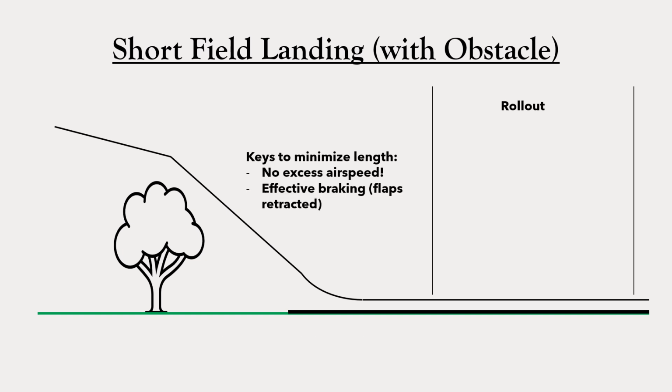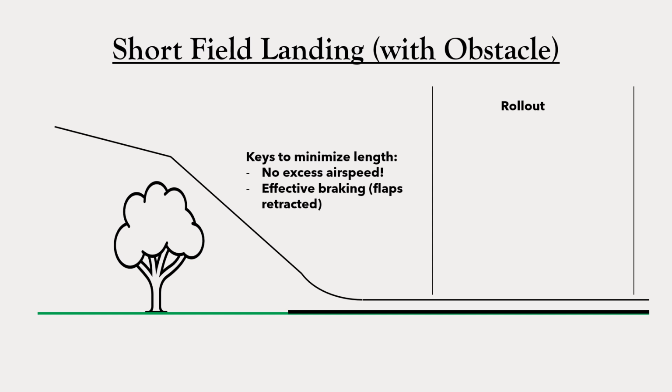And then during the rollout, the thing that controls the length, one thing is no excessive airspeed at touchdown and effective braking. So most effective braking is usually by having weight off the wing and on the wheels.